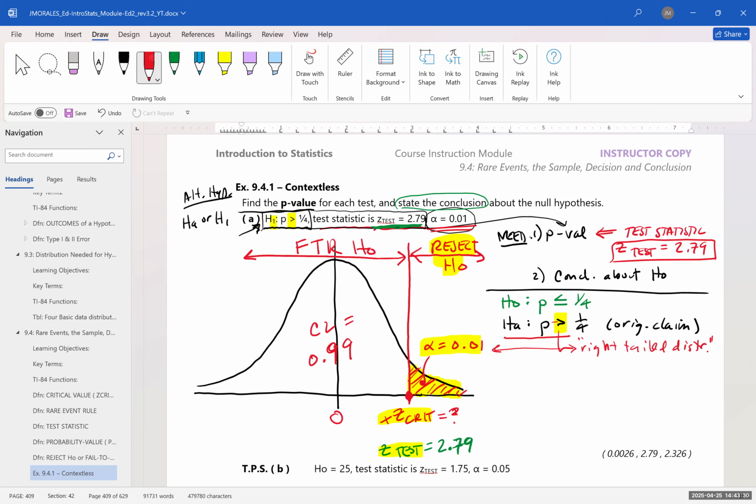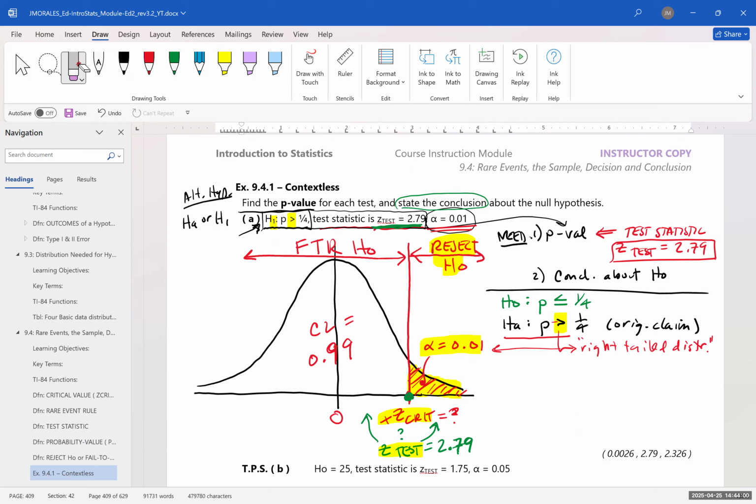We don't know what the value of the critical value is yet, but we need to compare that with our test statistic of 2.79. So right now, we don't know if 2.79 is going to be on this side of the critical value or on this side of the critical value relative to this point. We don't know. And that's comparing apples to apples.